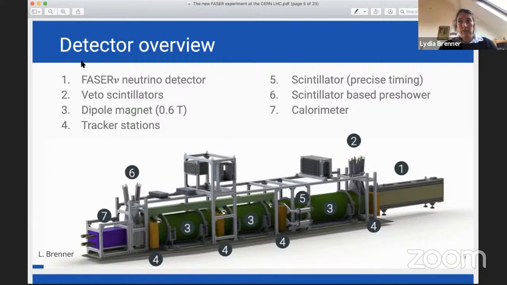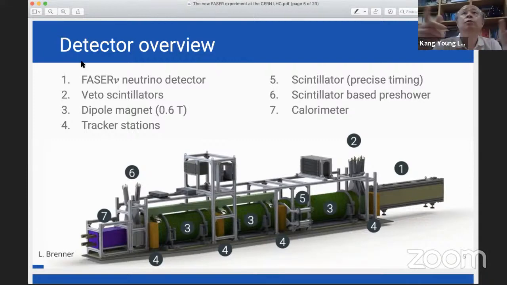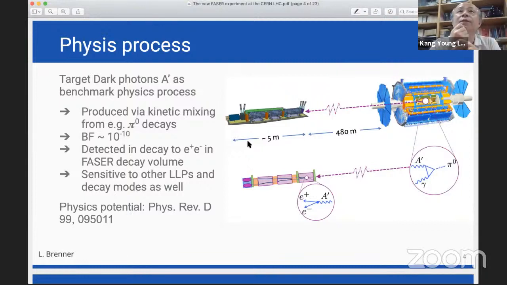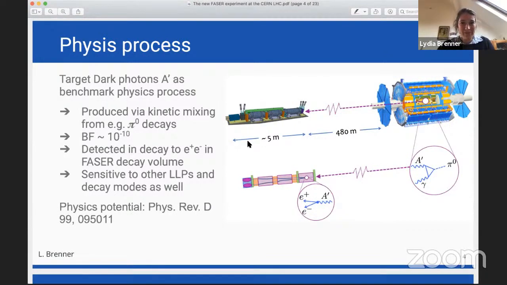But this was already made, and it's now fully installed, so we don't need any further civil engineering. But the size of FASER is a few 10 meters, right? It's about 5 meters, maybe 6 with the neutrino part added to it.